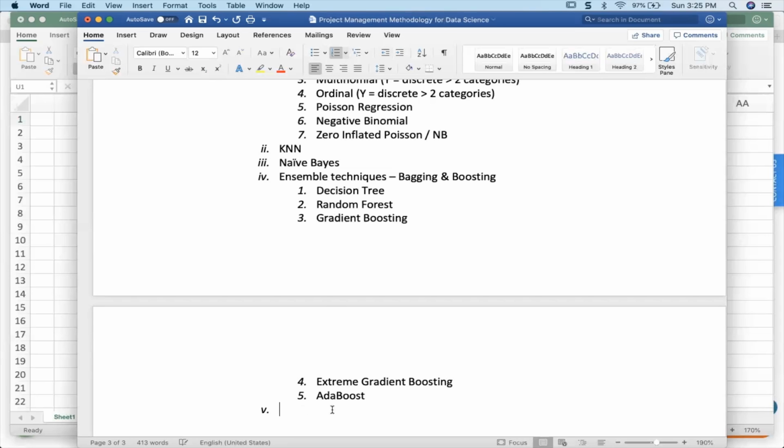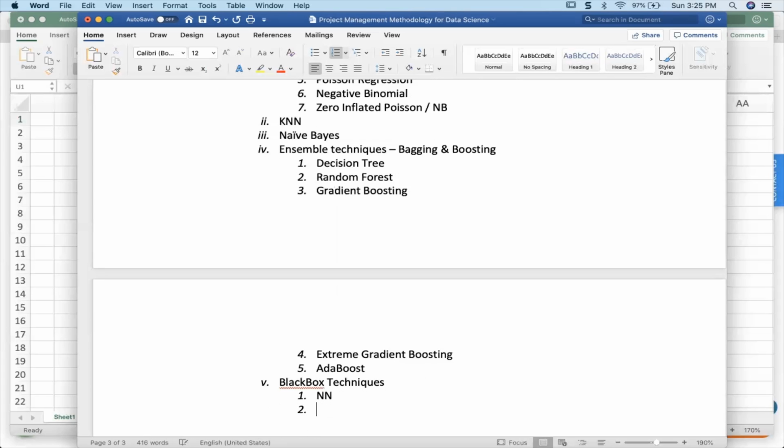Then you have black box techniques, in which you have neural network and support vector machine. As part of neural network, we want to get into the depth of artificial neural network, which is also called multi-layered perceptron.